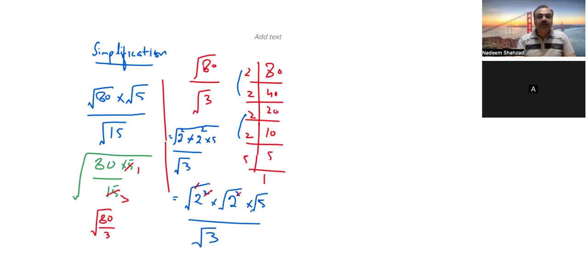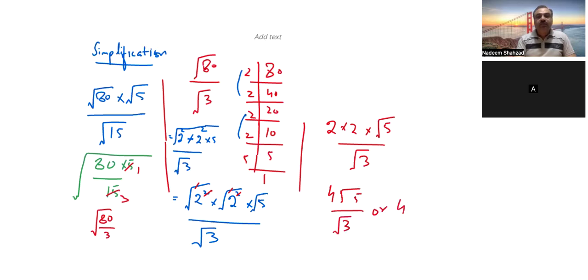So we will get 2 times 2 and times square root 5 divided by square root of 3. So 4 square root 5 divided by square root 3. That will be your final answer.